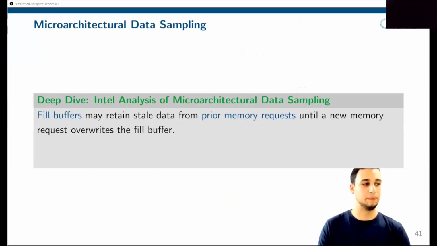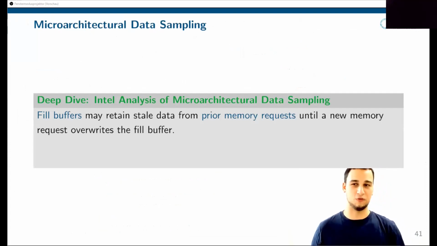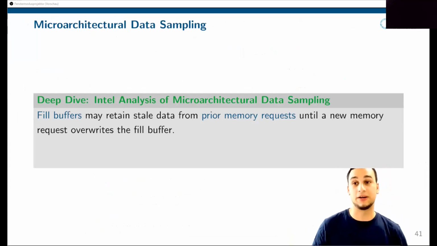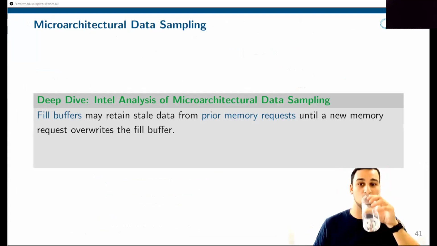So yes, because now we have everything that we need to build our first transient execution attack, a microarchitectural data sampling attack. So what is this MDS, microarchitectural data sampling attack? What does Intel write about that?